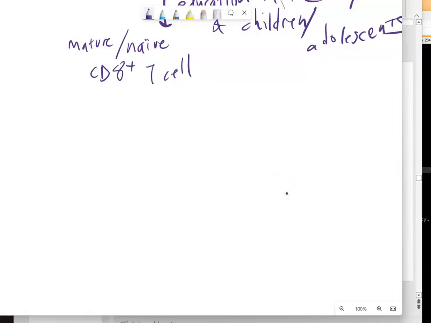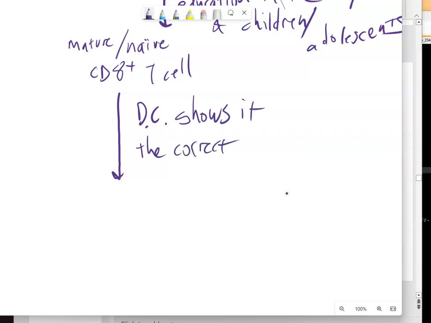So, a dendritic cell, which I'm abbreviating DC, the dendritic cell shows it the correct epitope. This is super rare. Most dendritic cells have shown it the wrong thing, but at some point, maybe, a dendritic cell will show it the thing it recognizes.